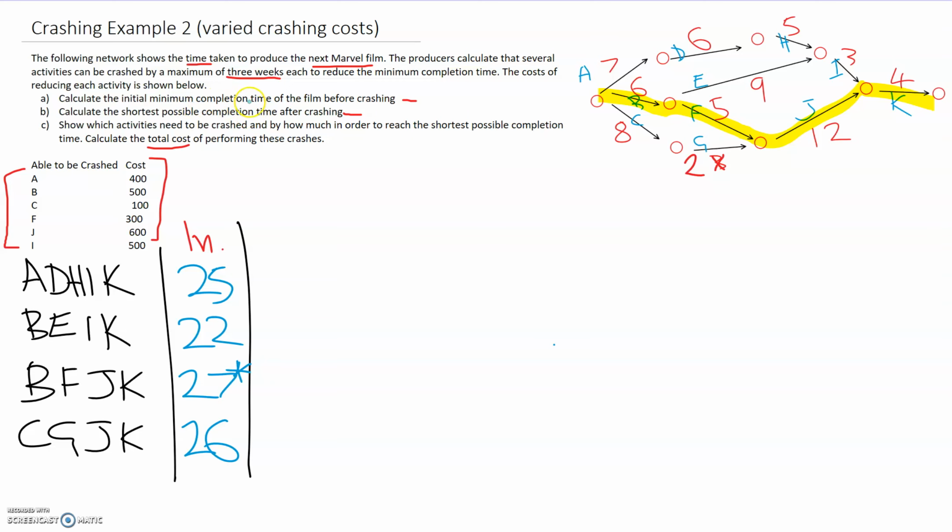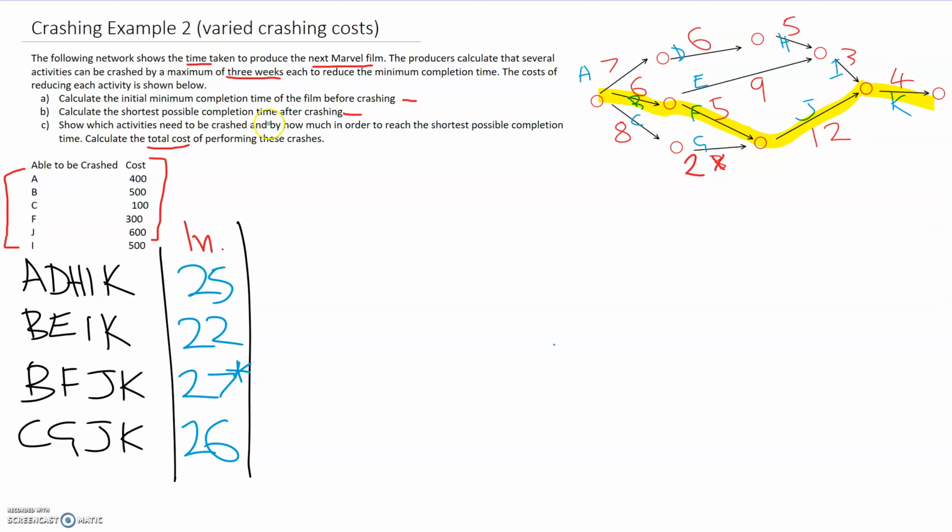Okay, so firstly we need to find the initial completion time before we do anything, before any crashing has begun. Then we need to find the shortest possible completion time after we crash the tasks. And then we need to work out specifically which activities are going to be crashed and by how much in order to get that shortest possible completion time for the cheapest amount of money.